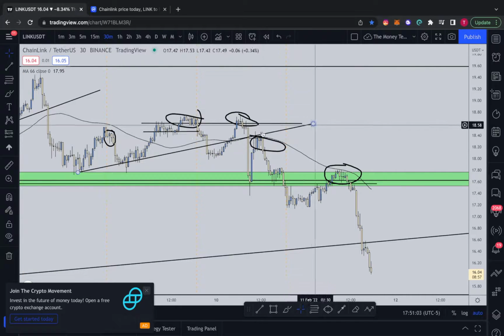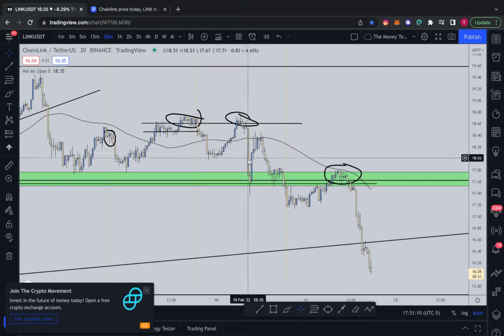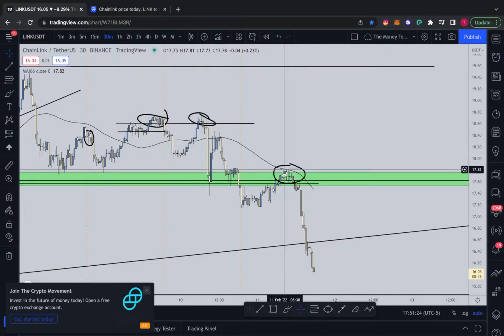And you could see that resistance was formed when price started to form wicks off of the area, started to move sideways, price starting to become even smaller, and then a bearish entry signal was given by this bearish engulfing candle to the downside. Right, and the same thing occurred here.